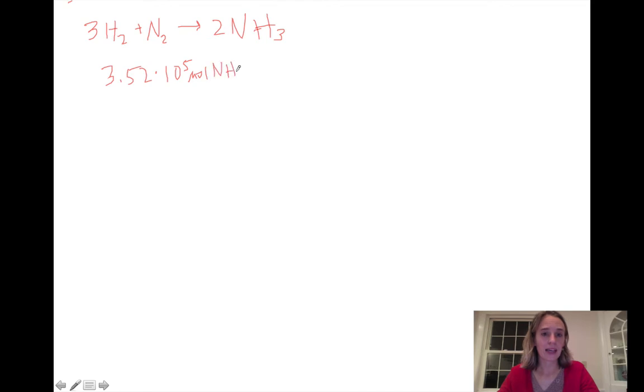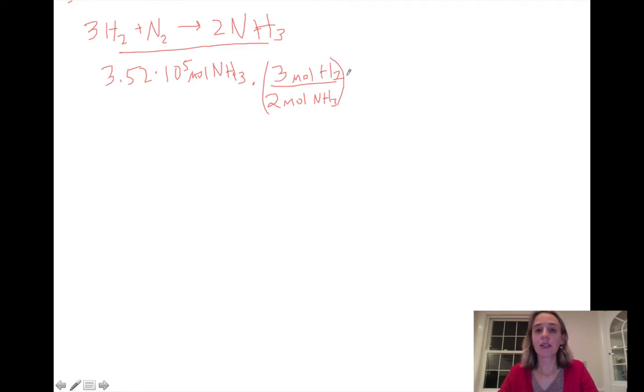And I need to use this balanced chemical equation to first convert this number into moles of hydrogen. So a mole ratio is something that's going to compare moles of ammonia to, in this case, moles of hydrogen, because that's the part of the question we haven't answered yet. And looking up at this equation, every 2 moles of ammonia require 3 moles of hydrogen.